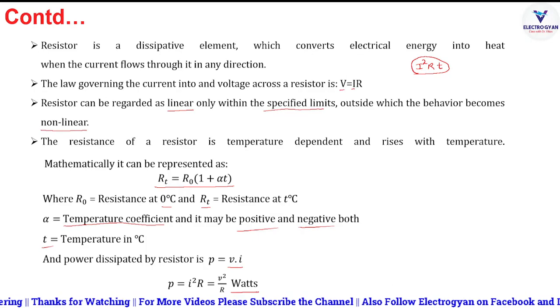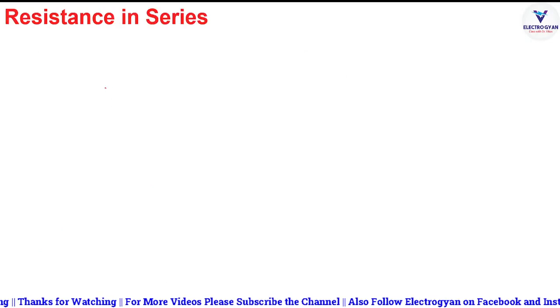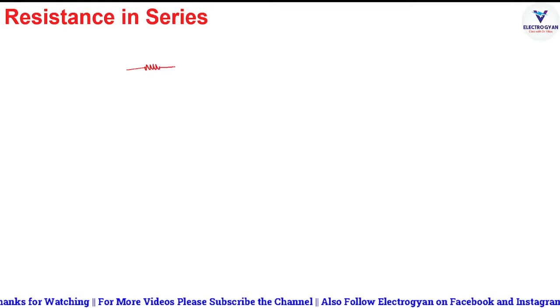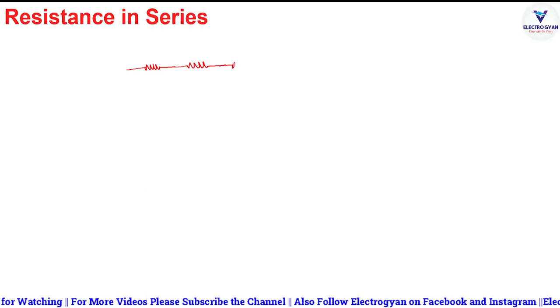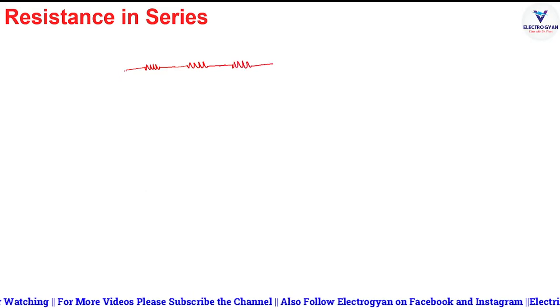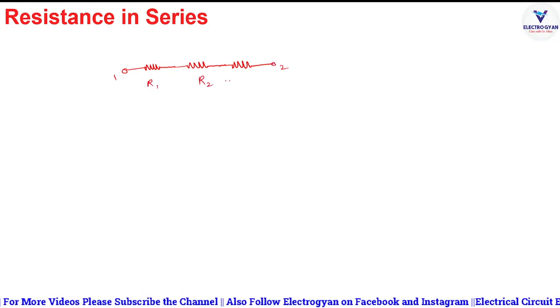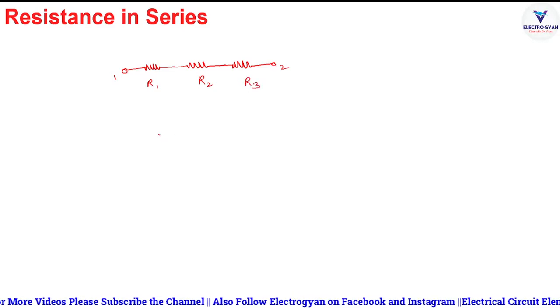Now if resistances are connected in series, suppose this is R1, this is R2, and this is R3. This is terminal 1, this is terminal 2, and R1, R2, and R3 are connected in series.